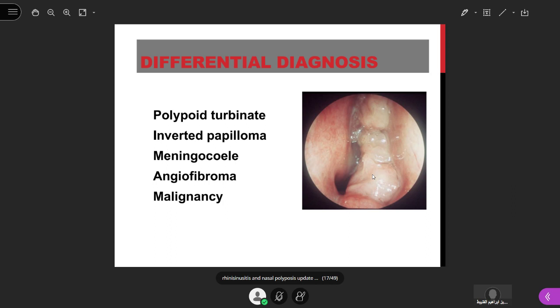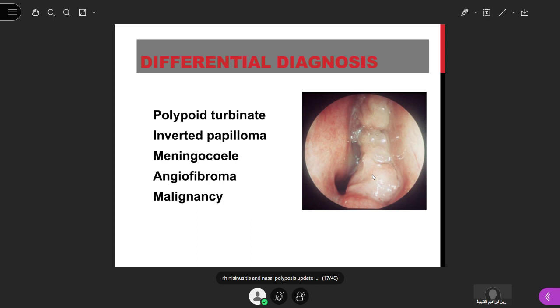So you cannot put nasal polyposis at the top of the differential diagnosis in, like, a 70-year-old patient with a unilateral mass that bleeds easily, is hyperemic, with destruction or numbness on the face. This is a clear indication that this is an aggressive tumor.